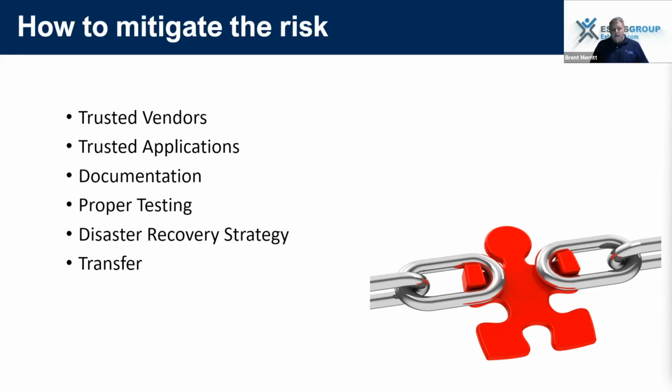So the transfer of data, the transfer of risk, depends on how everything prior is set up by the trusted vendor with a trusted app, making sure that you have documentation and they have documentation, so that if you ever have to contact them for support, you're all on the same page and looking at the same thing, because everybody's house is made different. Some things are static, but mostly it's very different. You really don't want to have to reinvent the wheel or learn a whole new recipe when you go in there. If you have the documentation and it's clear, then usually it's a pretty easy way to get the migration going and get everything rolling.